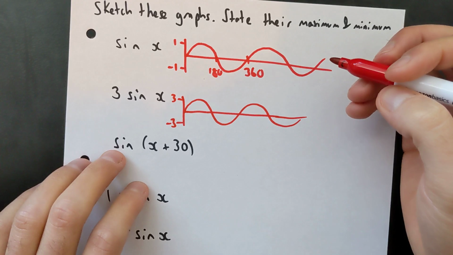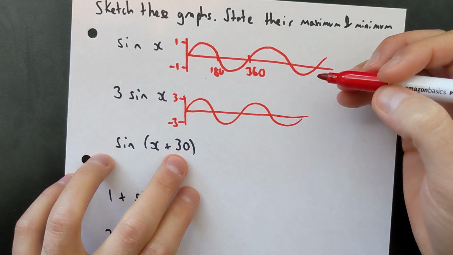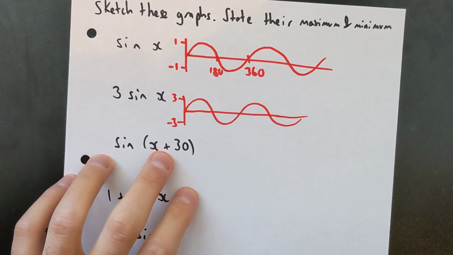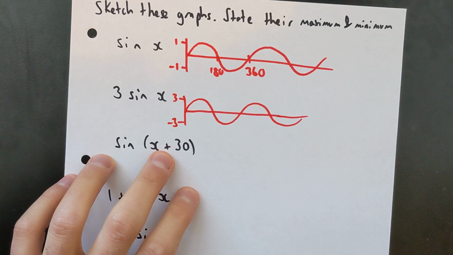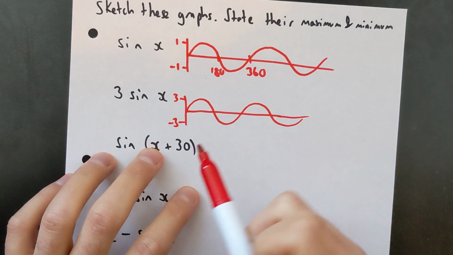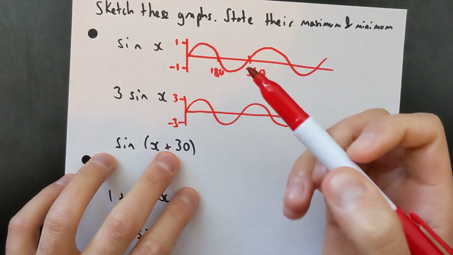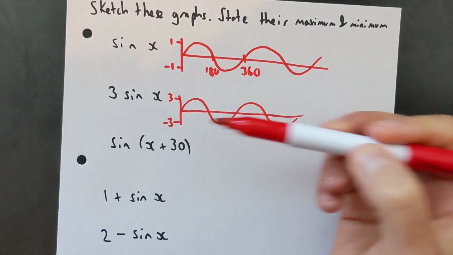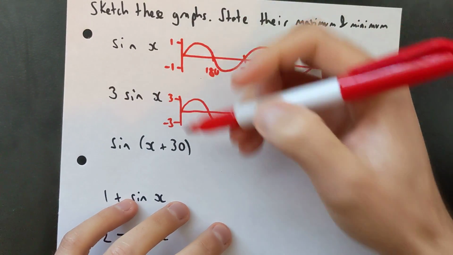Let's see. So here, sine of x plus 30. This is inside the function, so it's going to affect the x coordinates, but it is going to do the opposite of what it says. So here, adding 30, in fact, is going to take away 30, it's going to shift to the left by 30 degrees.